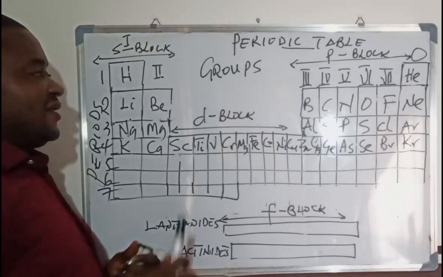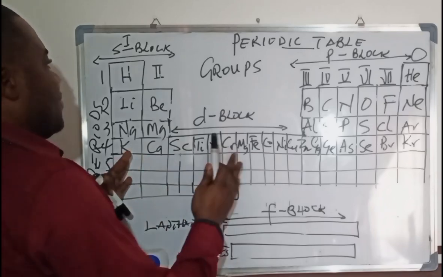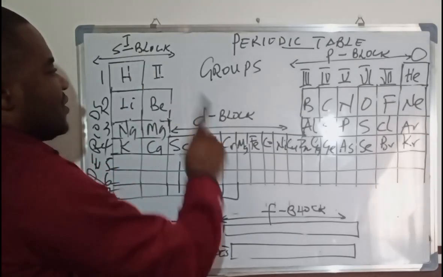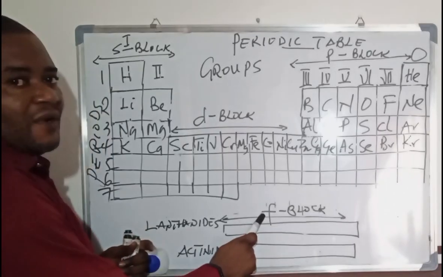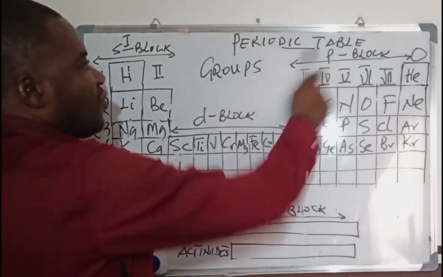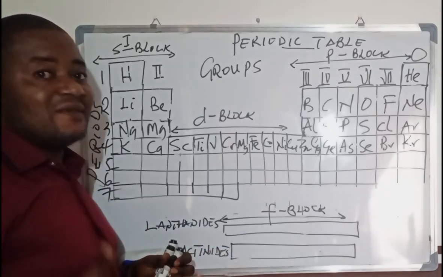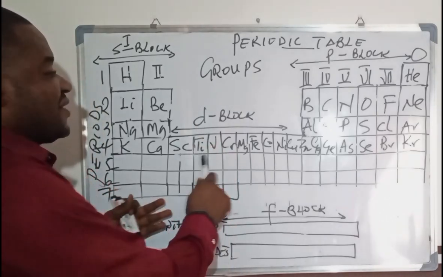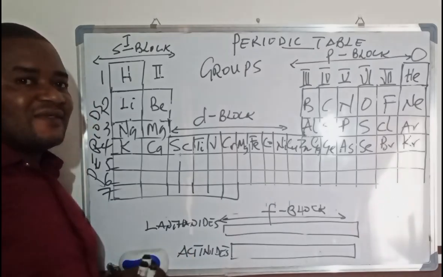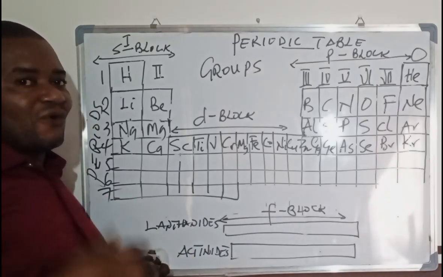But do not forget that, like I said, the periodic table is divided into 4 basic regions: S block, D block, P block, and the F block. S block are basically metals, the P block are basically non-metals and metalloids, the D block are basically the transition metals, and the F block are the lanthanides and the actinides, more of radioactive metals.